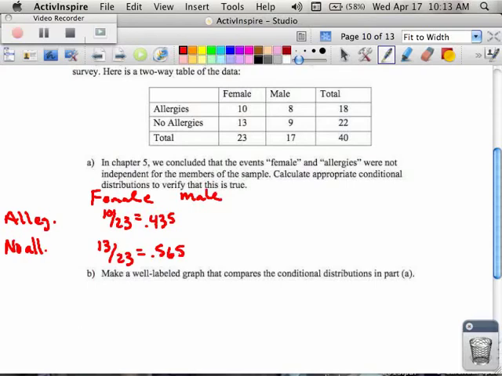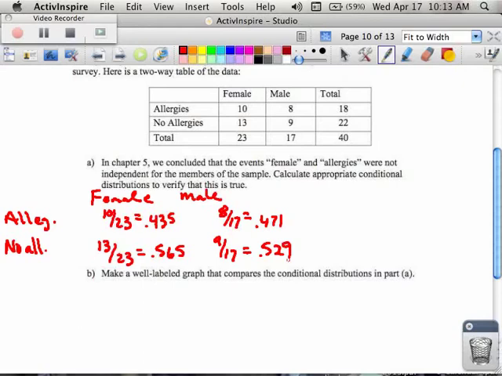For the males, it was 8 out of 17, which is 0.471. And the remaining, of course, would be 9 out of 17, which is 0.529. These are called the conditional distributions.